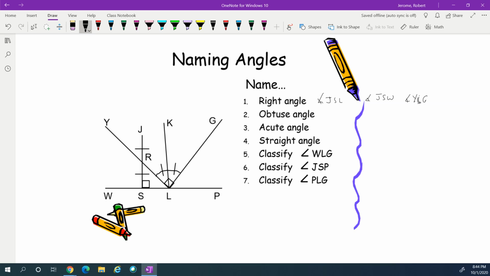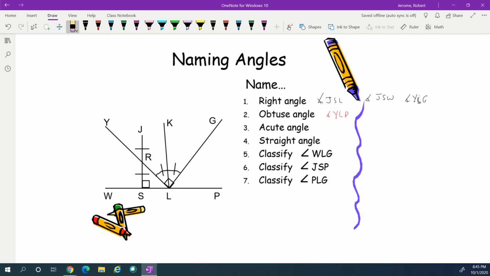We can name an obtuse angle. So we're looking for something that looks bigger than 90 degrees. So if we find something that includes 90, but it goes bigger, we'd have it. So since we don't have any measurements, maybe we can do something like, we know that Y, L, we know up to G is 90, but what about out to P like that? That would be an obtuse. So something like angle YLP.